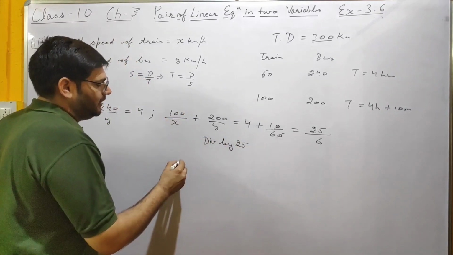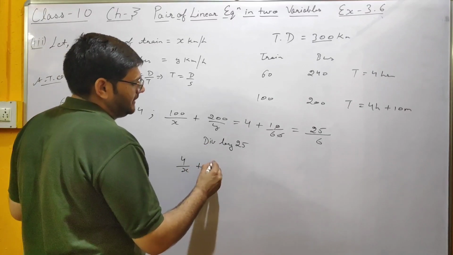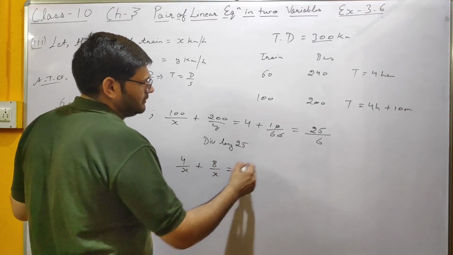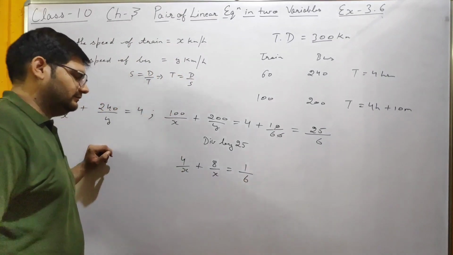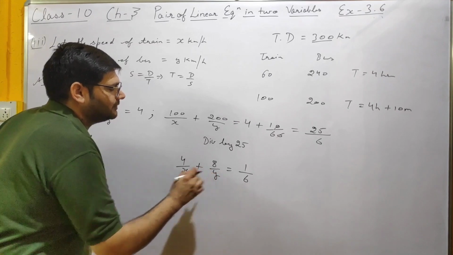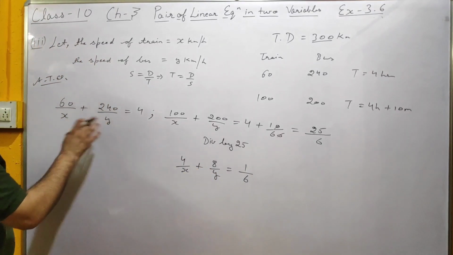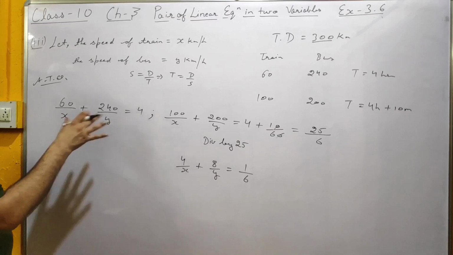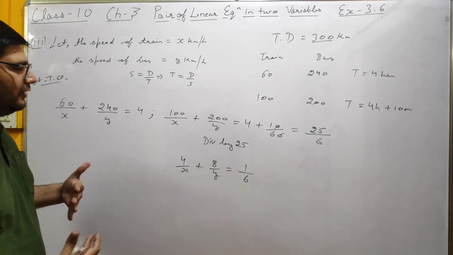So it will be 4 by x plus 8 by y equals 1 by 6. Here also you can divide it by 4, cut it short, and then solve.